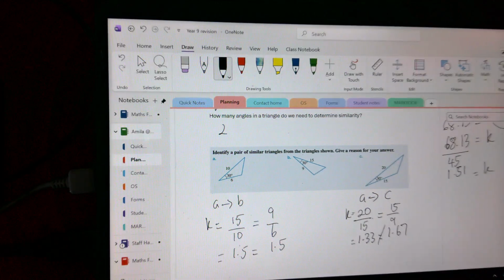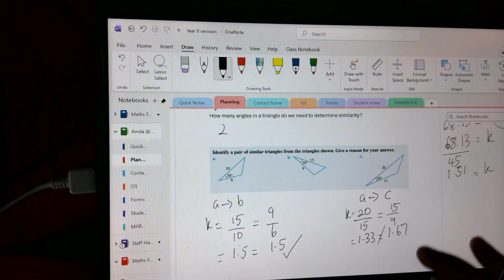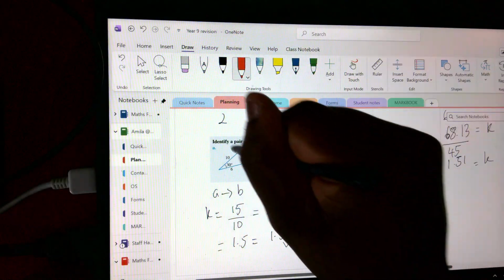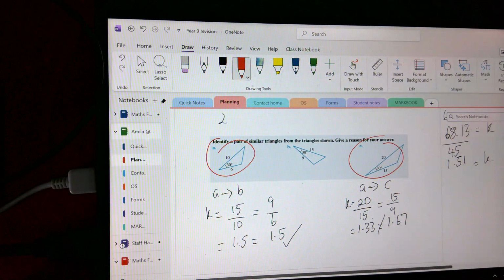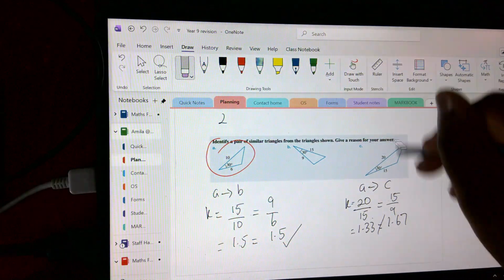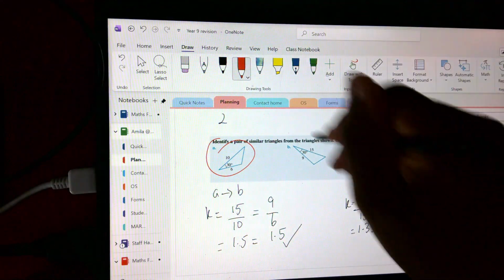So these two are not equal, so they're not similar. These two are equal, so they are similar. So our similar figures are triangle A and triangle B.